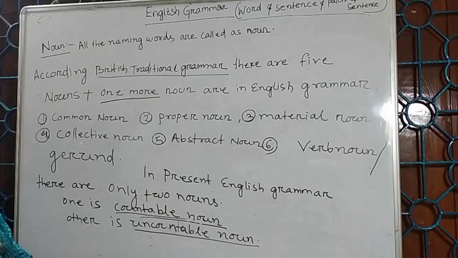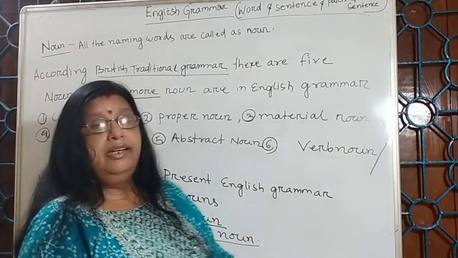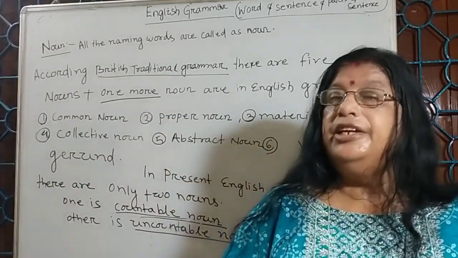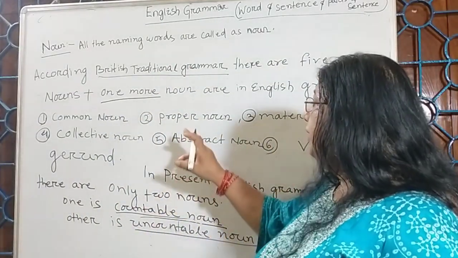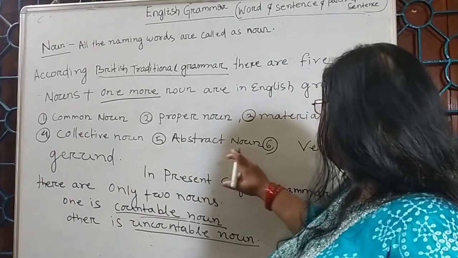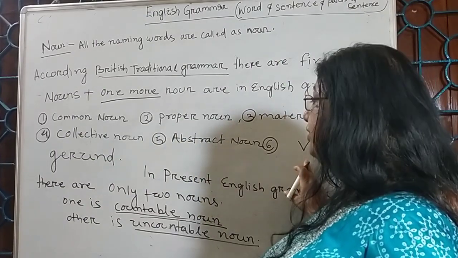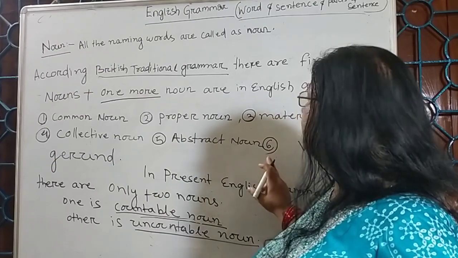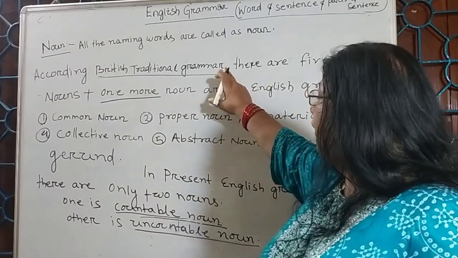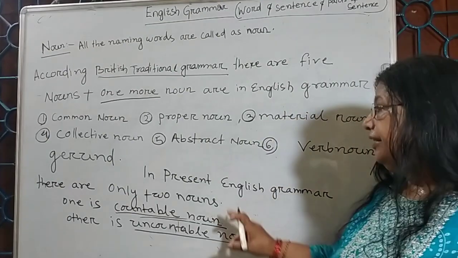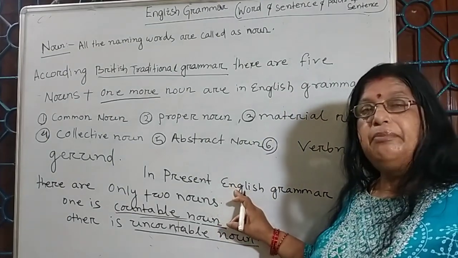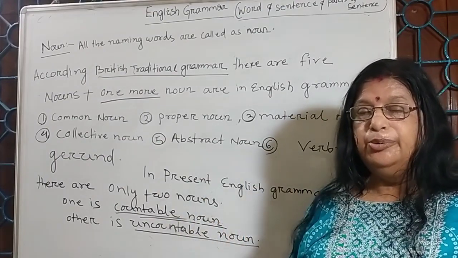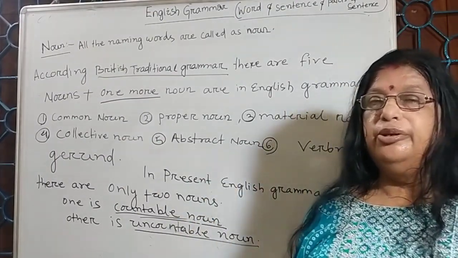So my dear viewers, in my next video I will explain all about the 5 plus 1, that is 6 nouns of traditional grammar, and the present English grammar, countable and uncountable.